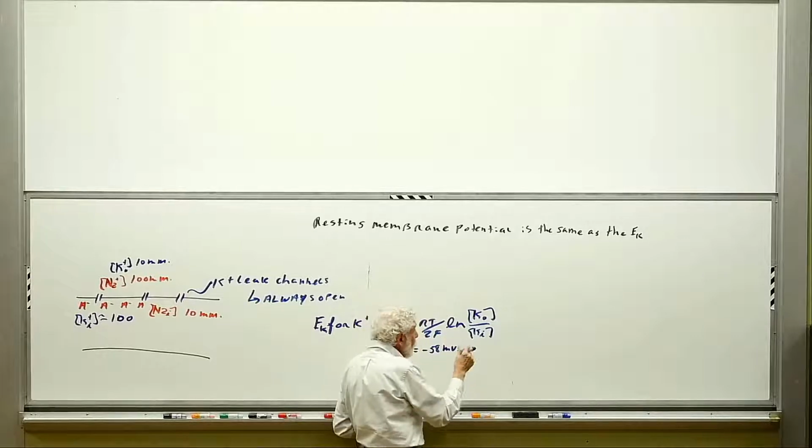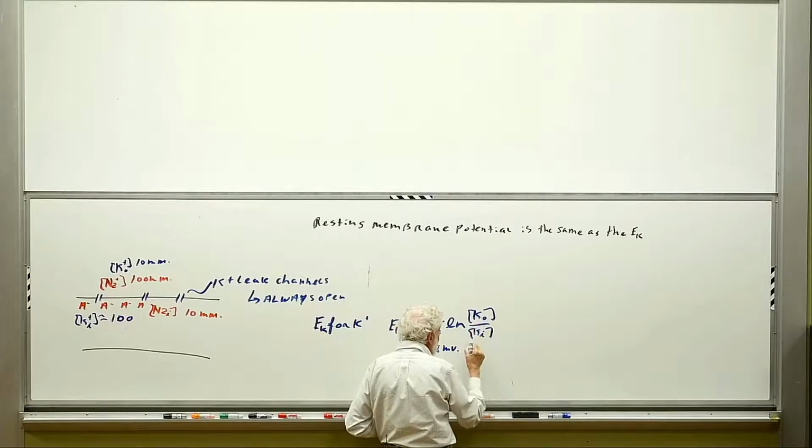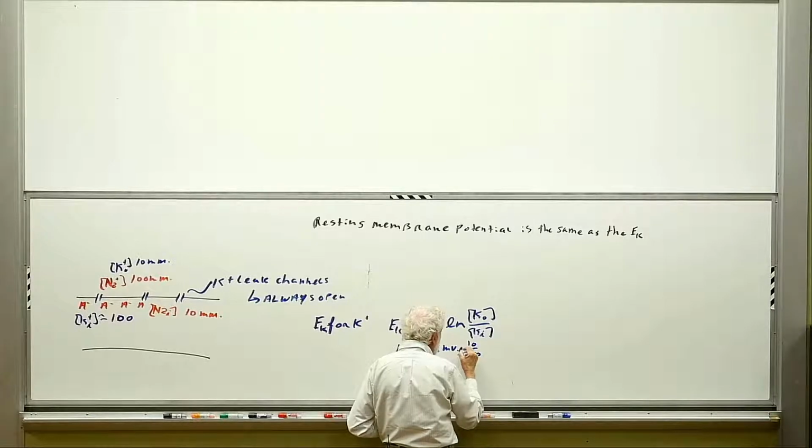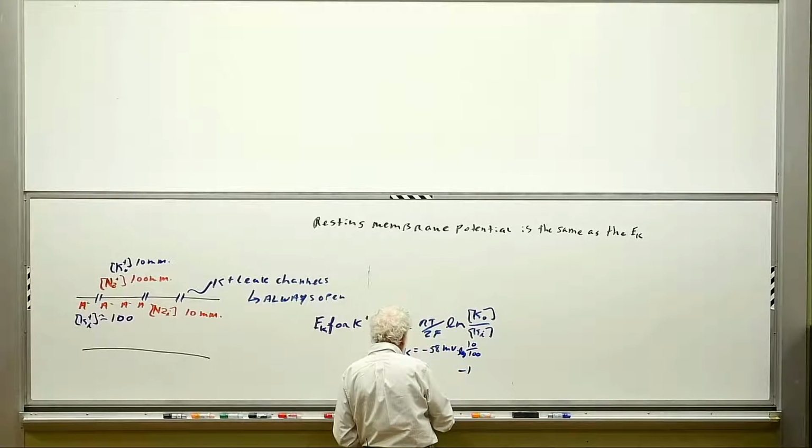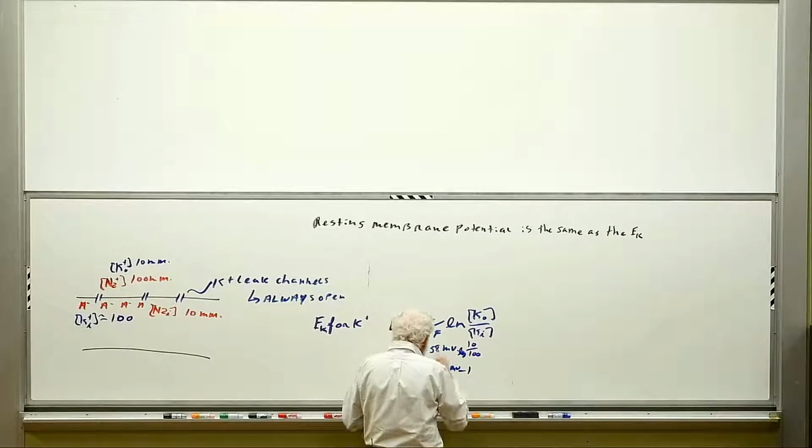And that arose because the concentration of potassium on the outside was 10, and on the inside was 100, and the log of 10 over 100 is minus 1. So we come up to EK equals minus 58 millivolts. That's where we were yesterday.